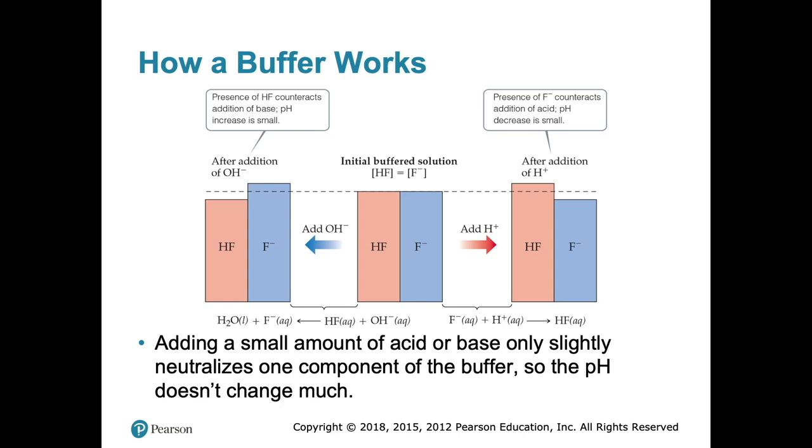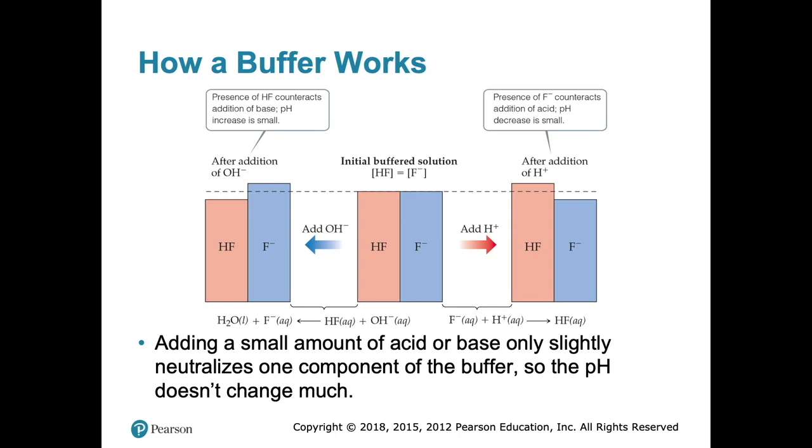It can accept that proton, and when the proton is accepted by the carbonate ion, it doesn't float around free in your blood. It's when it's free floating around in your blood that your acidity goes up.